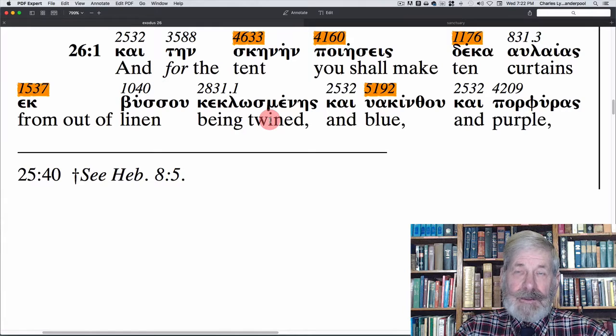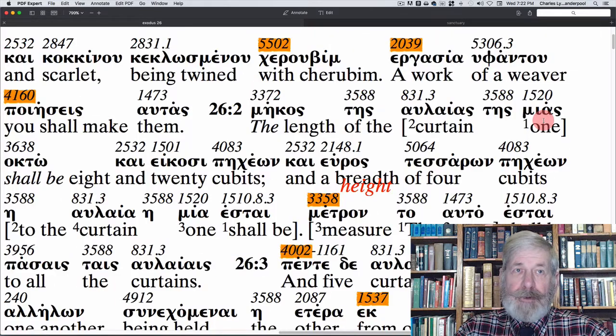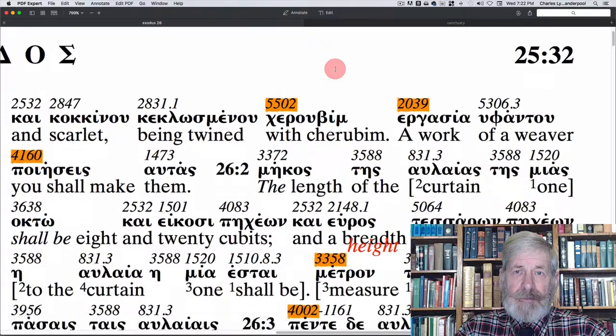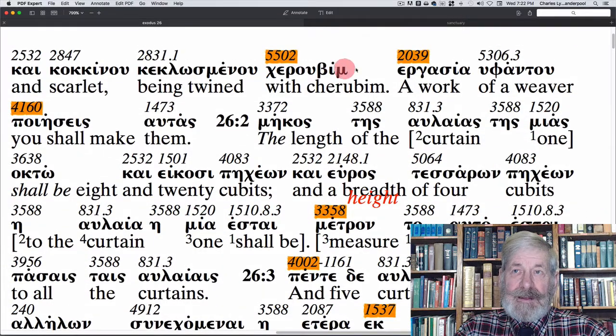Means it was some type of a material that was a cotton type material, woven, that was hyacinth, it's a derivative, means blue, and purple and scarlet, being twined with cherubim, so some type of a picture of these cherubim with their wings and so forth on these curtains.